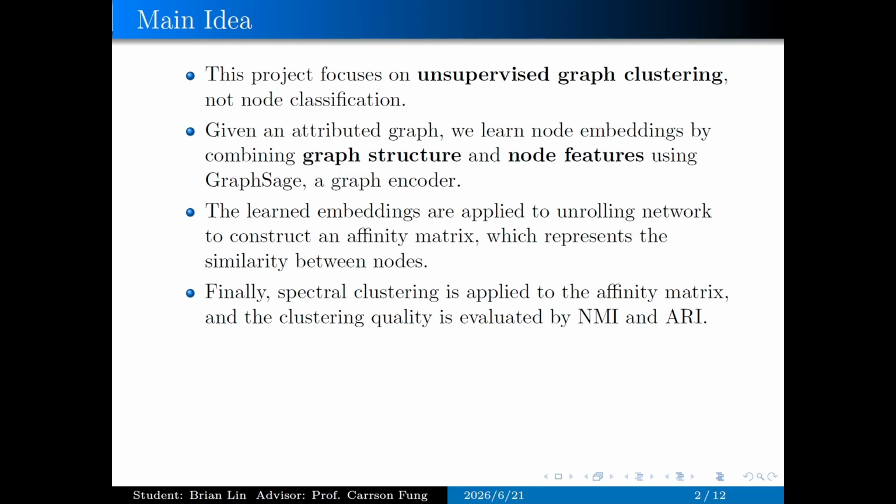The learned embedding will be applied to the unrolled network to construct an affinity matrix, which represents the similarity between nodes. Finally, spectral clustering is applied to the affinity matrix, and the clustering quality is evaluated by NMI and ARI, which are the clustering performance indices.